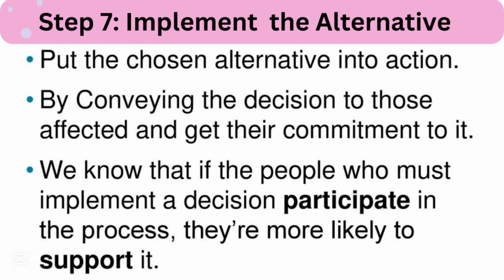Step 7. Implement the alternative. Put the chosen alternative into action by conveying the decision to those affected and getting their commitment to it. We know that if the people who must implement a decision participate in the process, they are more likely to support it.